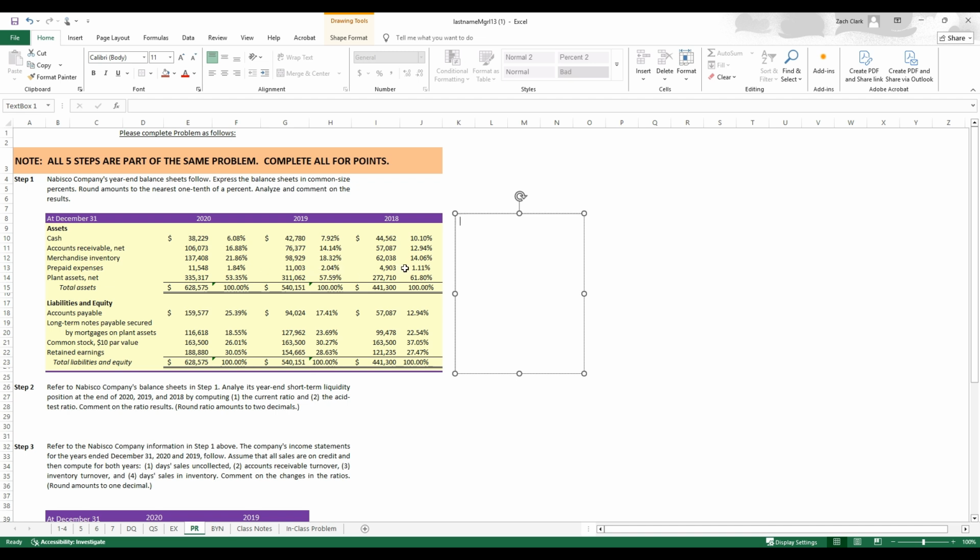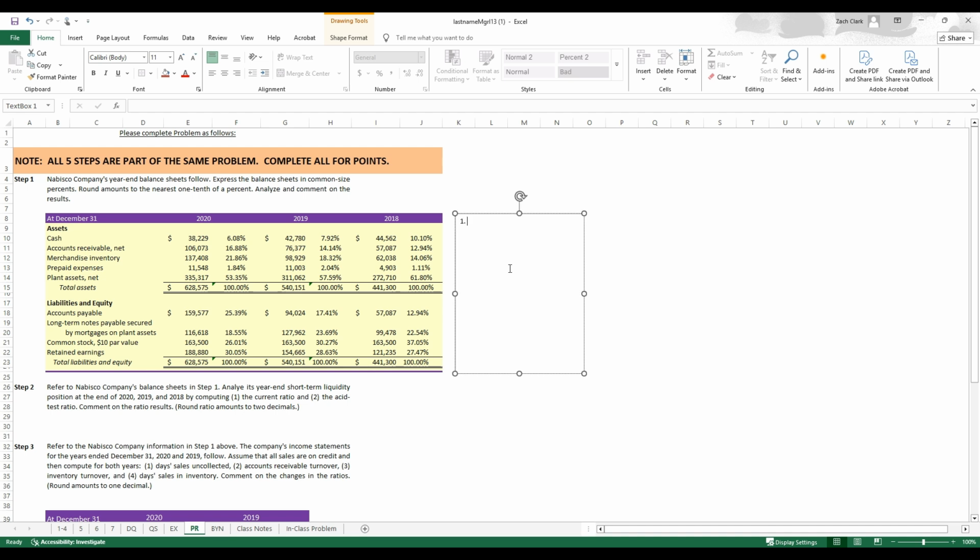Inventories on the rise. Prepaid expenses are pretty consistent. Plant assets are decreasing year over year as a percentage of total assets, though they're actually increasing in dollar amount, with inventory increasing so much and AR really going up quite a lot as well.